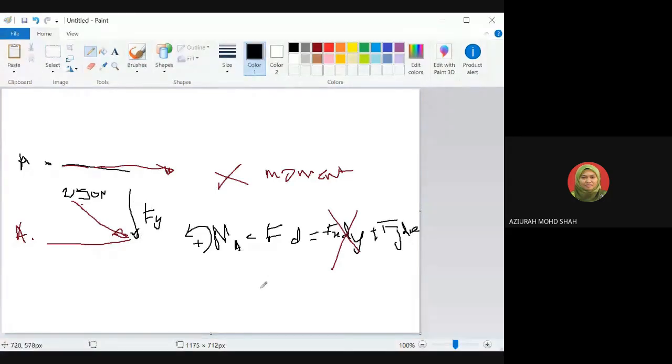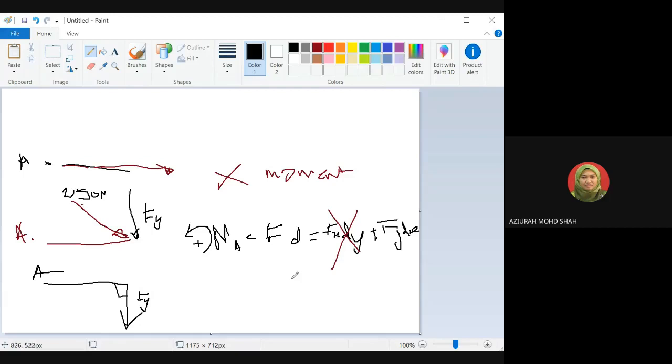And because this force Fy tend to rotate clockwise or counterclockwise? Fy. So tend to rotate clockwise or counterclockwise? Okay, so bila clockwise bermaksud dia akan jadi negatif lah. Why negatif? Because our assumption counterclockwise is positive. Dia negatif bukan Fy tu negatif Y, tapi Fy ni dia cause rotation to the body clockwise.